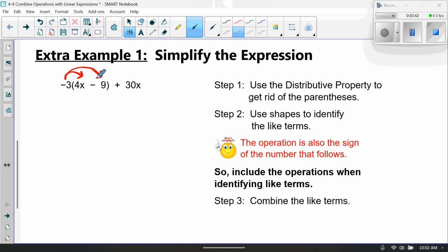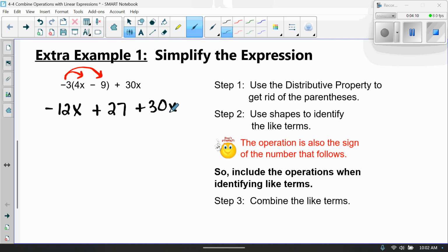So -3 times a positive 4x gives us a -12x. And then -3 times -9, that's a positive 27. And then we're going to bring down that plus 30x.